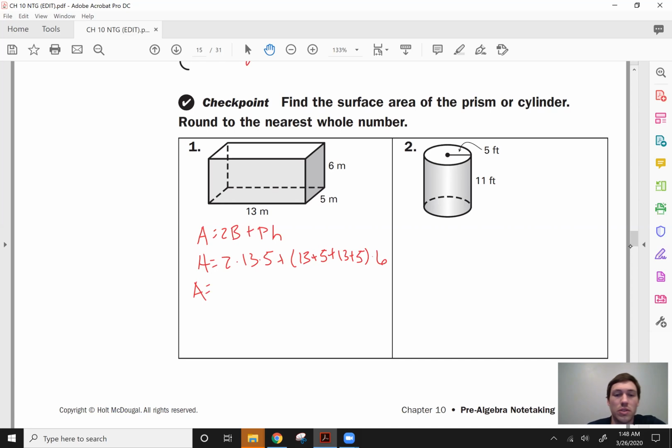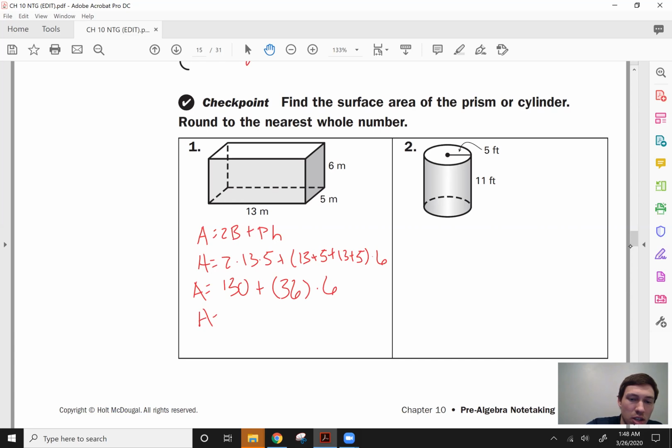So area equals 2 times 13 times 5 is 130 plus 26 plus 10 is 36 times 6.